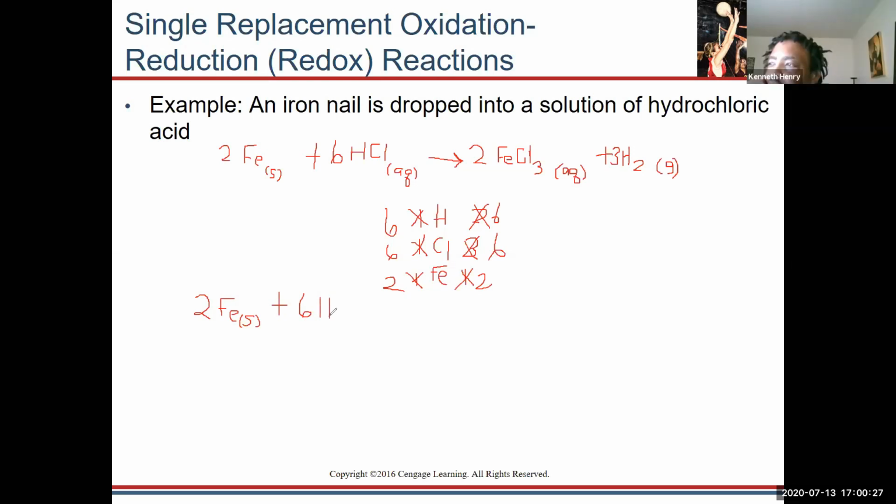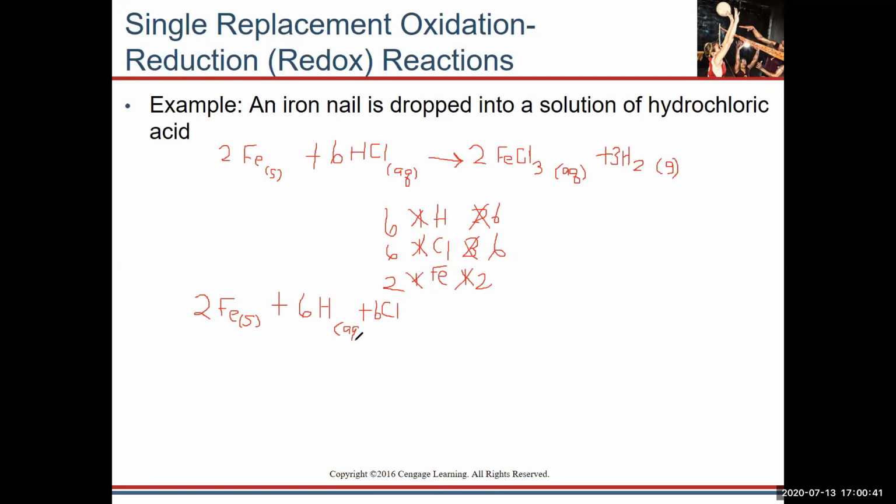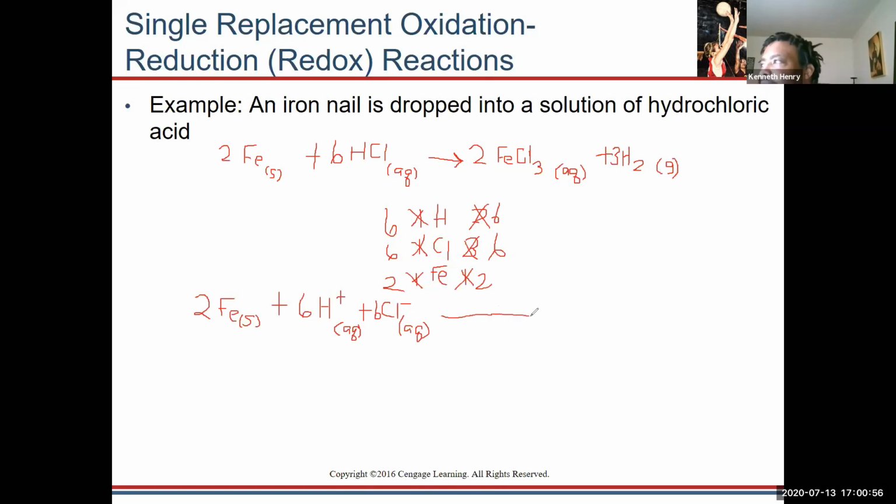So you're saying each ion? For H, you would have the plus charge, and for Cl, the minus charge. And that's going to yield?